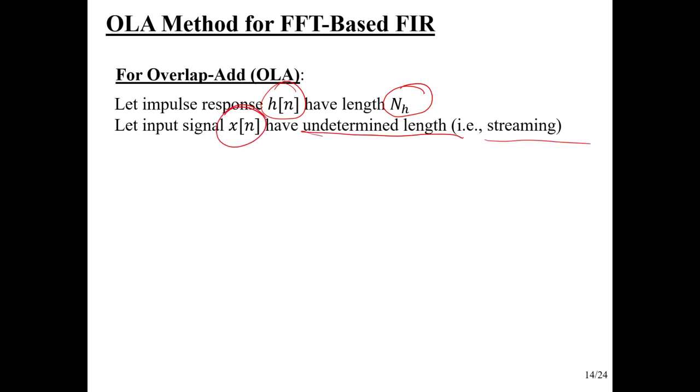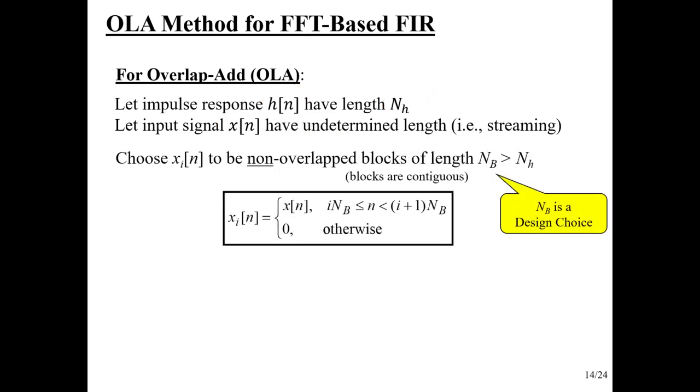We're streaming it in. It could go on for who knows how long. But what we can do is choose the length of the blocks, and we'll call that n sub b, b for block. So that x sub i of n is a non-overlapped block, and the blocks are contiguous, so we're not skipping any samples, and we choose n sub b to be bigger than n sub h.